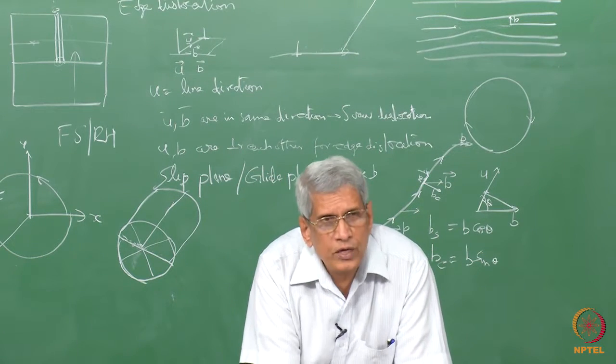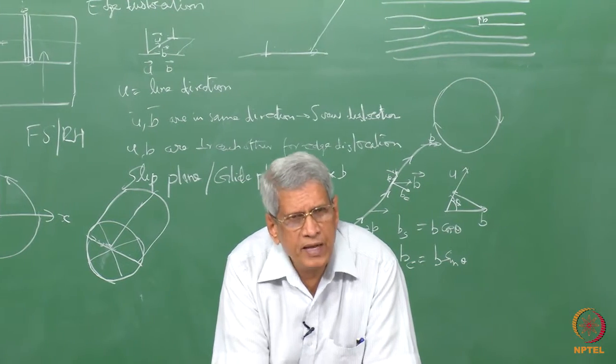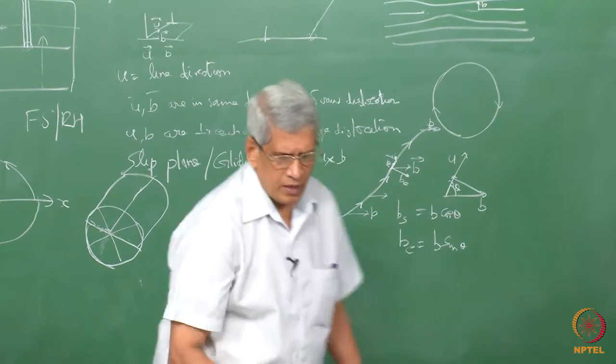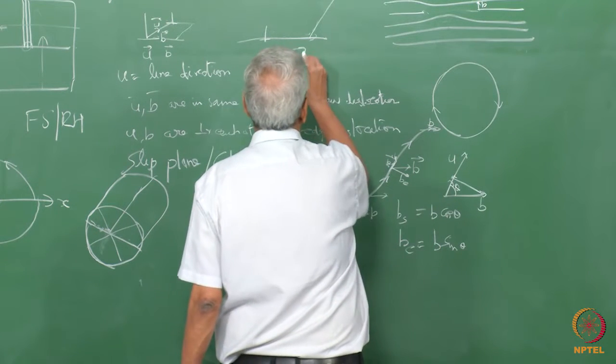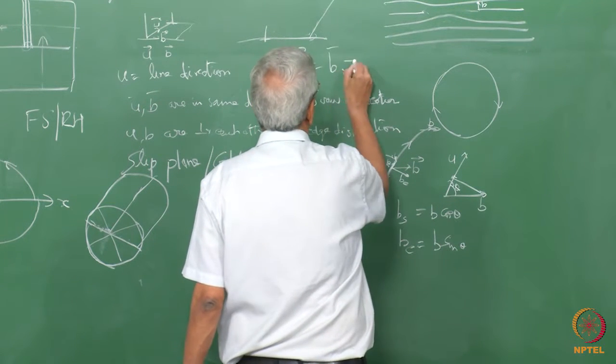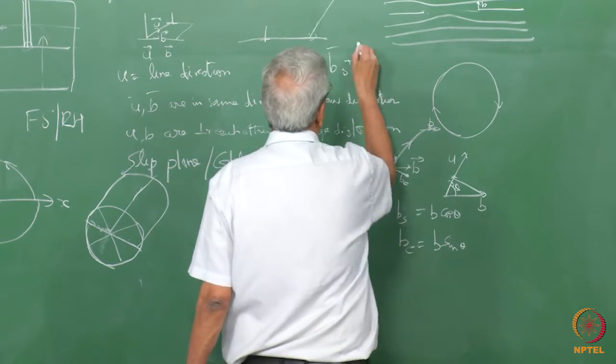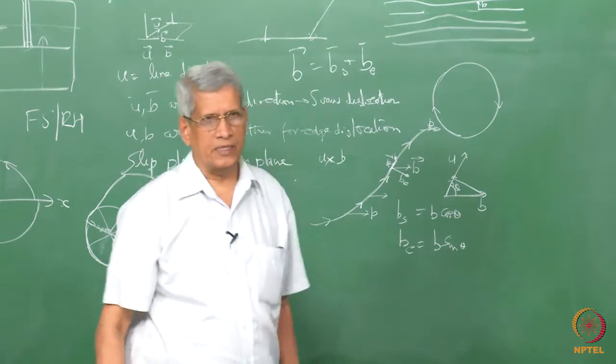But in a vector notation, it is a little bit more complicated. In a vector notation we will write b equal to bS plus bE, correct? This is how we will write it.